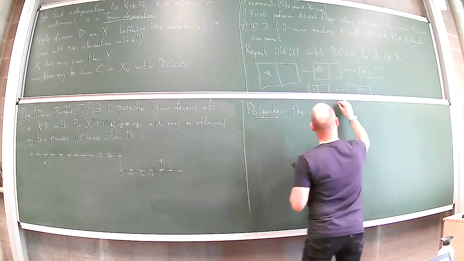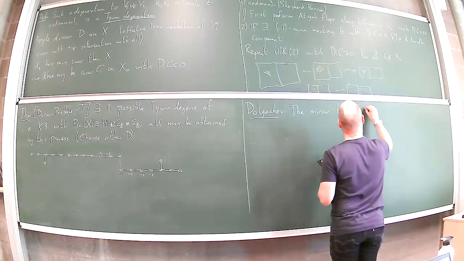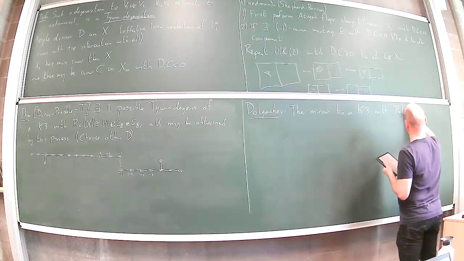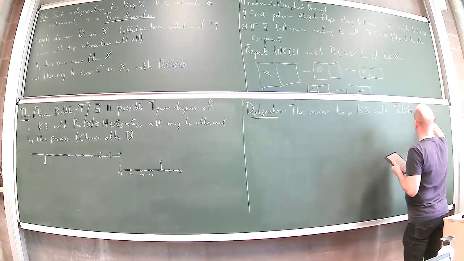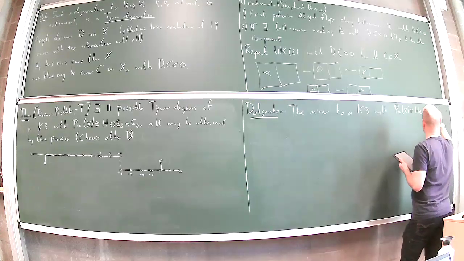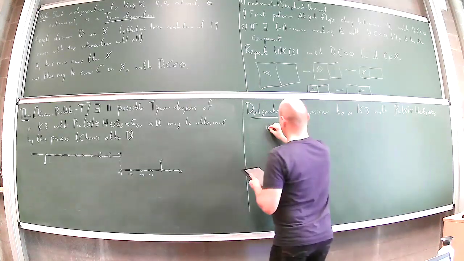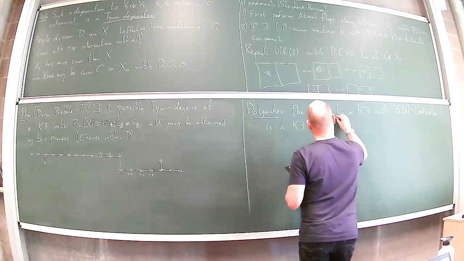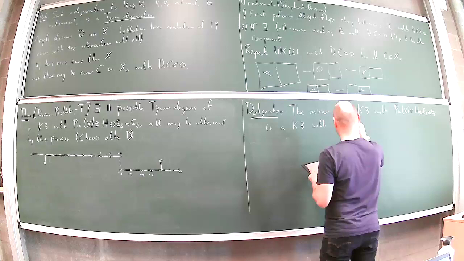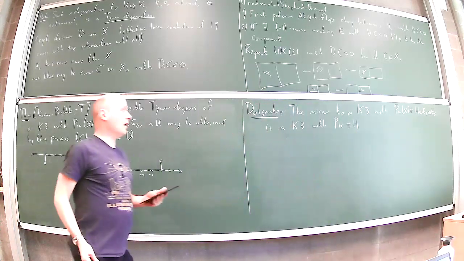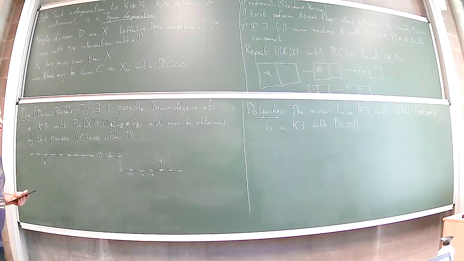It says the mirror to a K3, with these ones we've been caring about, this family we'll be looking at, is a K3 with Pic isometric to H. So there's a good reason here.